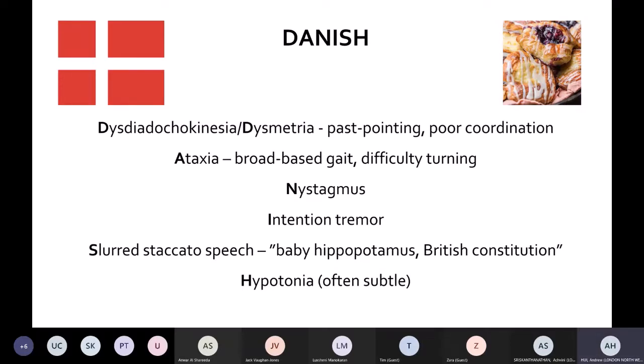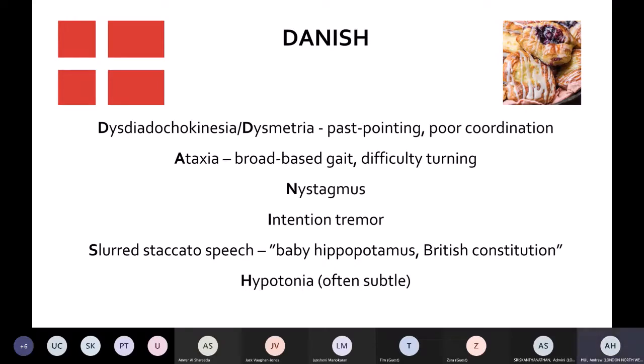So your D for dysdiadochokinesia, this inability to perform repetitive alternating movements, as well as dysmetria, where someone can't really navigate in space with their motor function, leading to past pointing or poor coordination in general. Your ataxia, in this case, think about broad-based stumbling gaits. Your nystagmus and intention tremor.